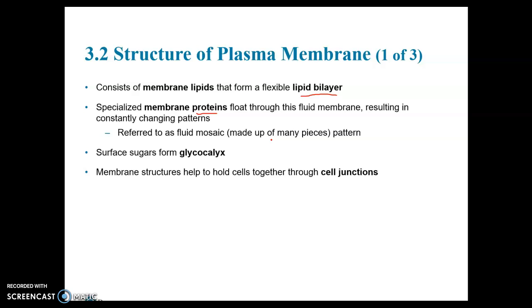And since they're constantly changing, it's like the plasma membrane is made up of many pieces of these membrane proteins floating around in the lipid bilayer, we call it a fluid mosaic model or fluid mosaic pattern. On the surface of the plasma membrane are chains of glucose, which we call the glycocalyx. And then we have junctions that hold the cells together. They're called cell junctions.